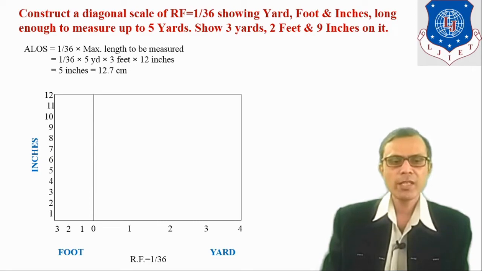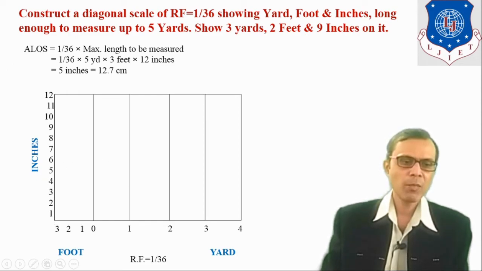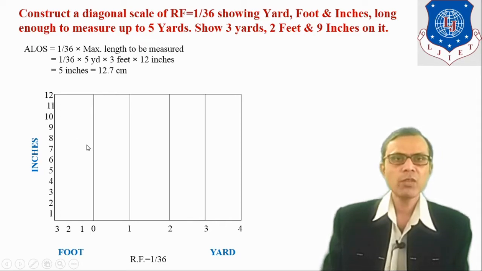Then from each and every division of this bigger unit, draw a vertical line throughout the scale, from division number 0, 1, 2, 3. So these are the vertical lines. And from all the division numbers on the vertical line, starting from 1, draw the horizontal lines throughout the scale as it is shown here.